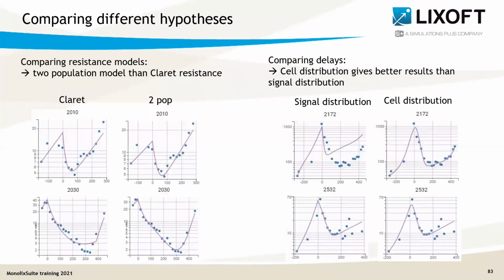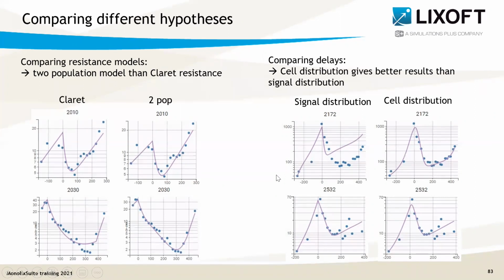Then I also compared the two available options for the resistance term, to check whether the two-population model could perform better than the Claret resistance. And indeed it did, because the Claret exponential resistance, as we can see mainly here, is too progressive in some individuals compared to the two-population resistance.